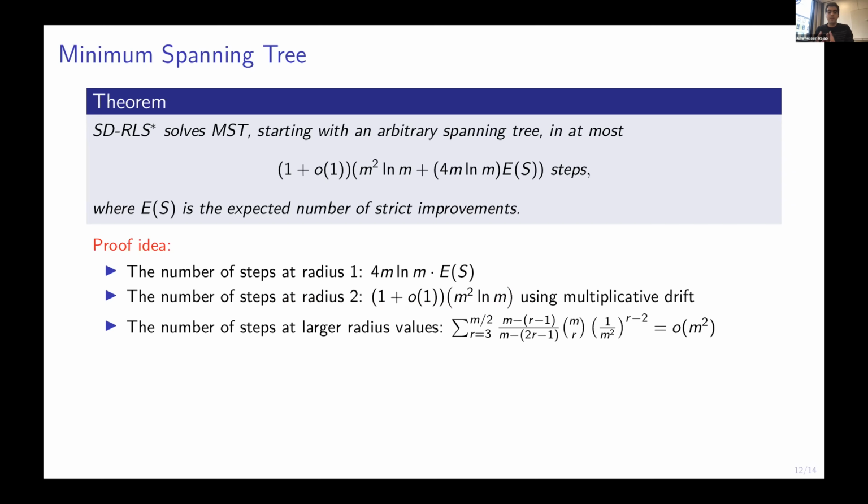And there is a probability that the algorithm increases the radius to larger than 2, if we consider the probability of failure and also the number of steps at that radius. We can see that the expected number of iterations in this case would be o of m squared. So considering different steps in the different radius values, we can achieve the expected optimization time.